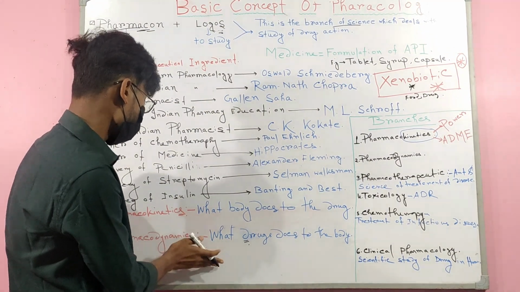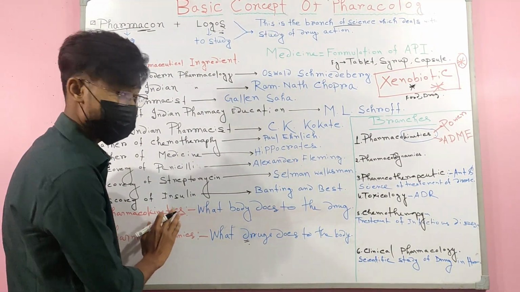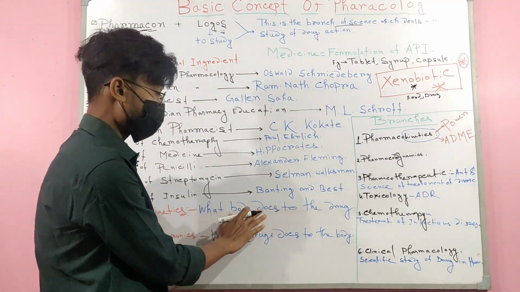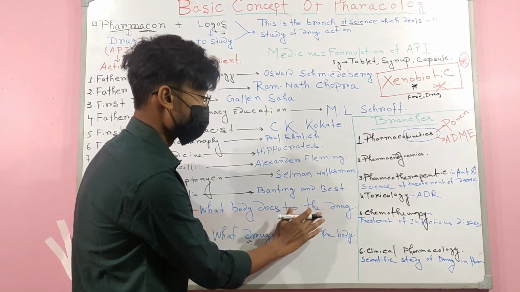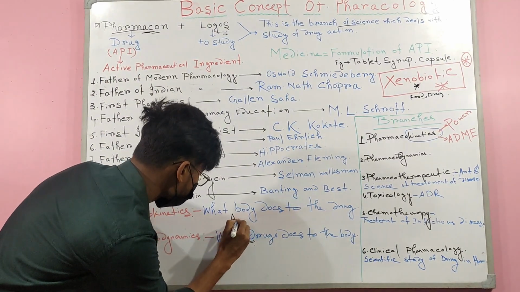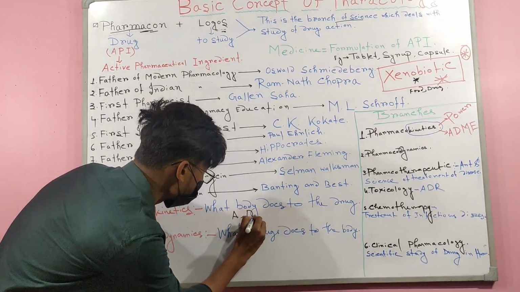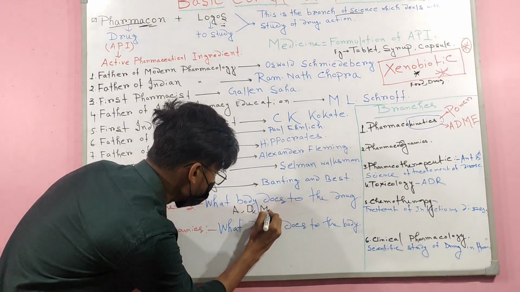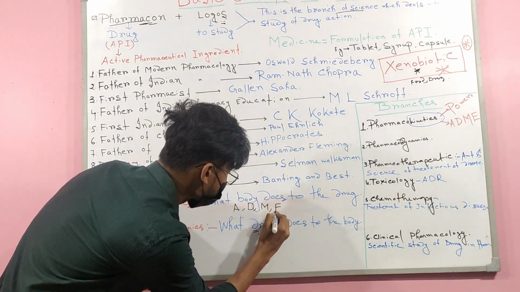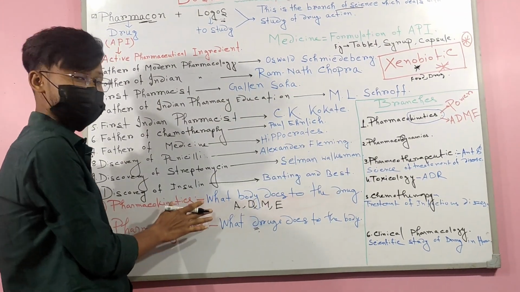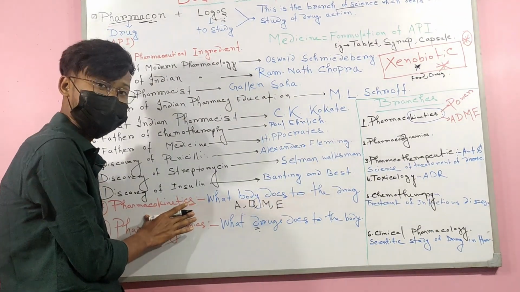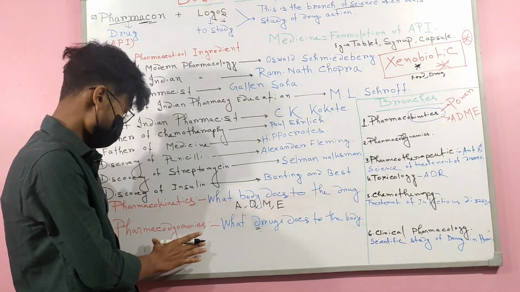And the opposite of it is called pharmacokinetic, meaning what the body does to the drug, which includes absorption, distribution, metabolism, and excretion.